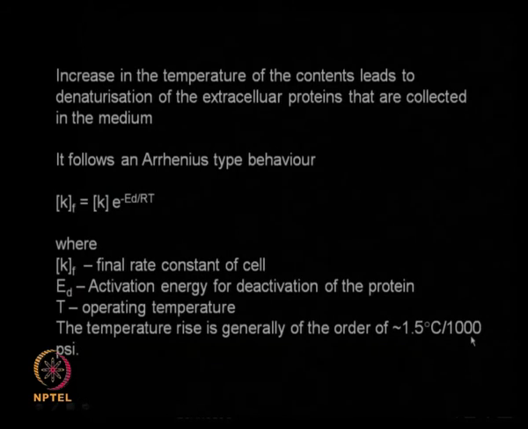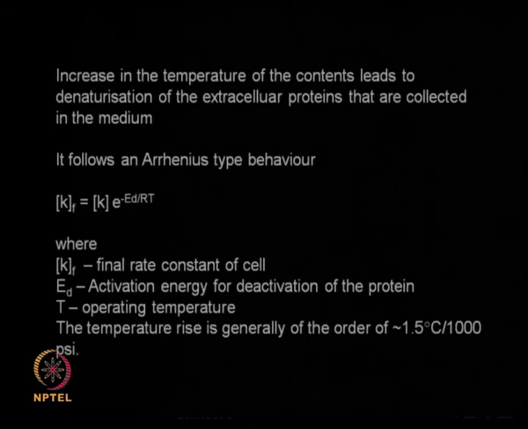So if the pressure increases by 1000 psi, the temperature rise inside your homogenizer or any mechanical equipment will be about 1.5 degrees centigrade. So we can use this particular equation to calculate what will be the apparent rate constant of release of the product if the product gets deactivated because of the rise in temperature, understand.